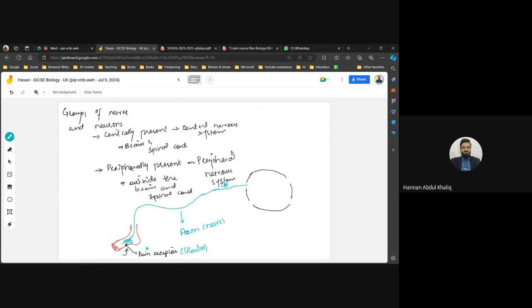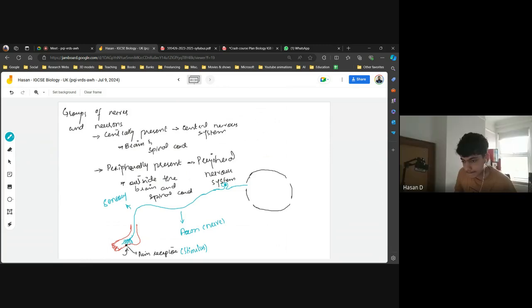Now, what kind of neuron is it? Obviously, it's a sensory neuron. Why am I so confident that it is a sensory neuron? Can you tell me? Student: Because it's in a place where there's no actual movement, like the part of the foot doesn't have a joint.